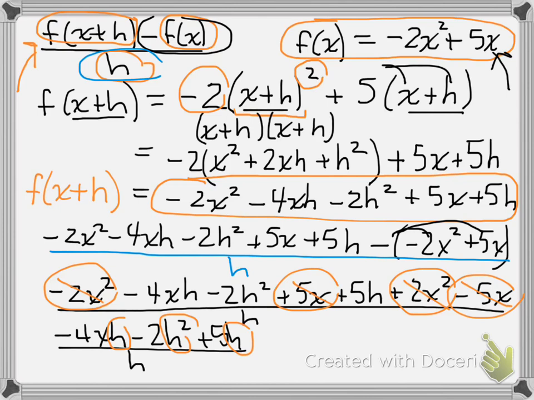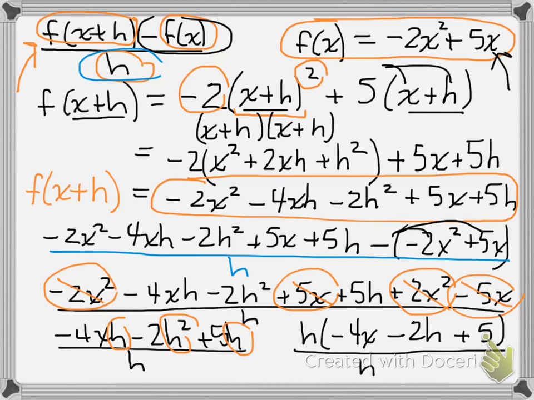So let's go ahead and do that. We are going to factor out an h from each of the pieces. So h times minus 4x minus 2h plus 5 all over h. The h's cancel.